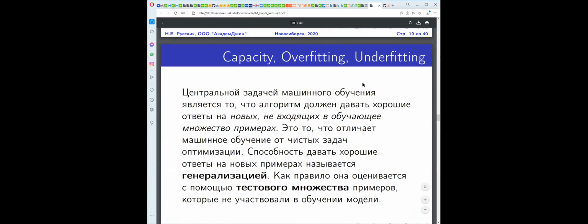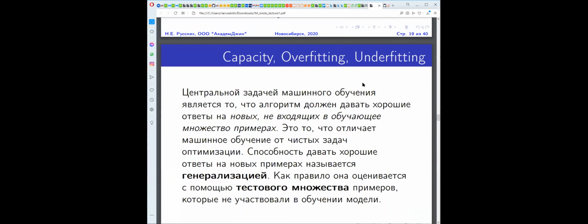We have set the class of functions, we have chosen the functions we would like to optimize, and now we have the tools to minimize that loss function. It's gradient descent via the backpropagation algorithm.